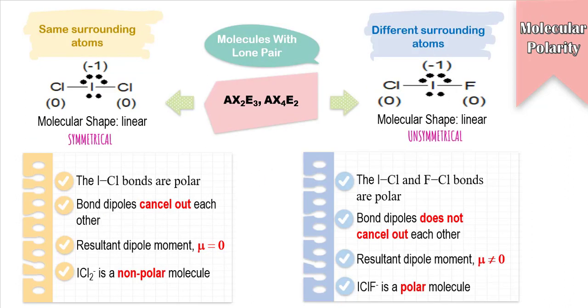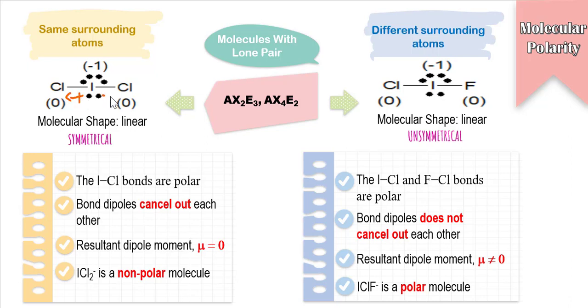And last but not least, for molecules with lone pairs, which are AX2E3, the linear, and AX4E2, the square planar: if the atoms have the same surrounding atoms, such as ICl2 minus, where the negative charge is on iodine, we know that the shape is linear, and because the surrounding atoms are the same, it is symmetrical, even though the I-Cl bond is polar.